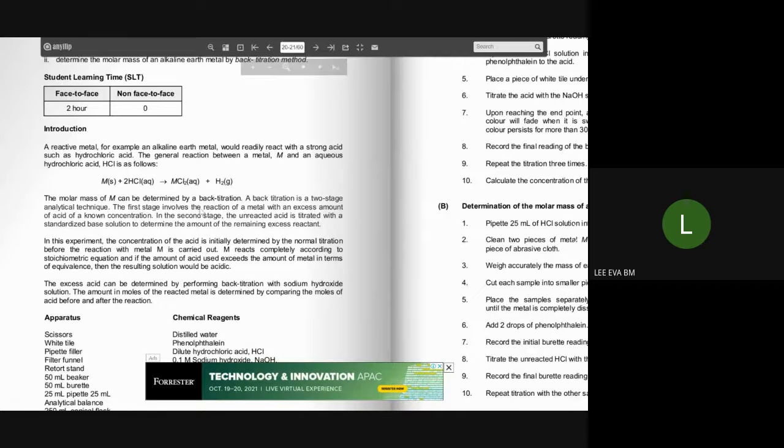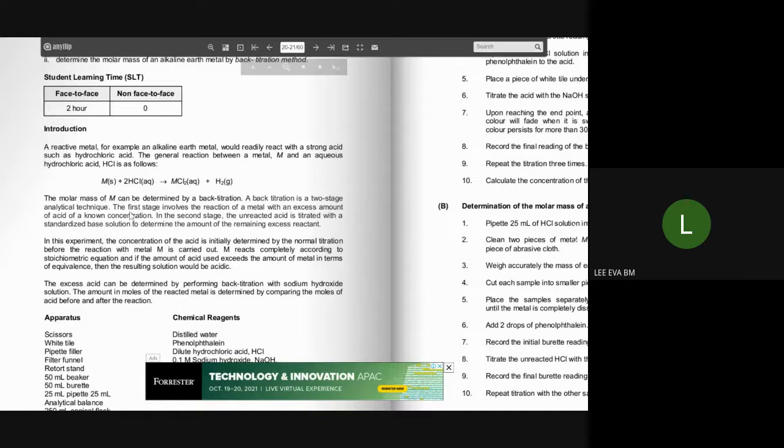In the second stage, we want to use the unreacted acid. Remember in the first step, we are using excess acid, so we want to see how much remains. The remainder we refer to as the unreacted acid. In the second stage, the unreacted acid is titrated with a standardized base solution. Again, standardized, so we confirm the concentration of the base.